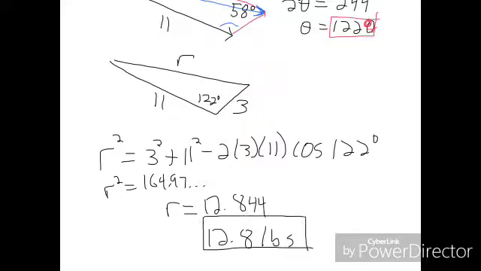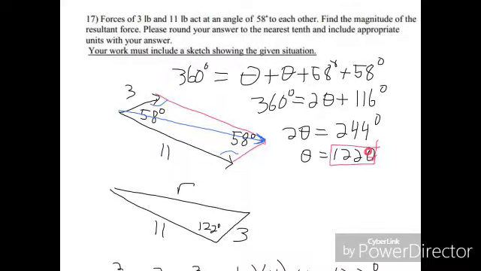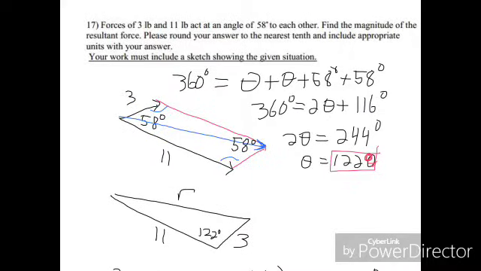Some of you might have also seen this problem using vectors. The issue with vectors is, since we only know a general 58 degrees in between, you have to be careful with how you align these vectors. I'd probably put the 11 on the x-axis, and then the 3 up like this, and then that's 58 degrees. Then I can convert, for example, the 11 into vector form as 11, comma 0.